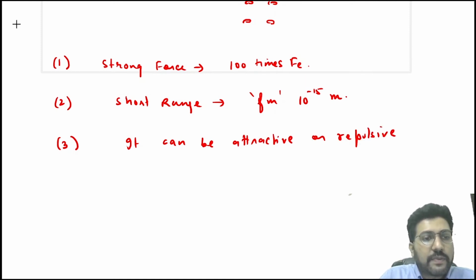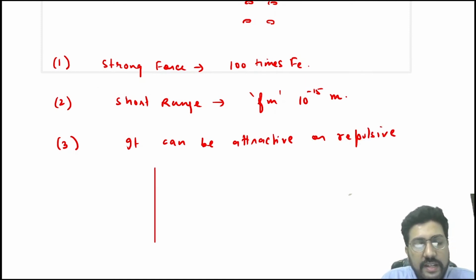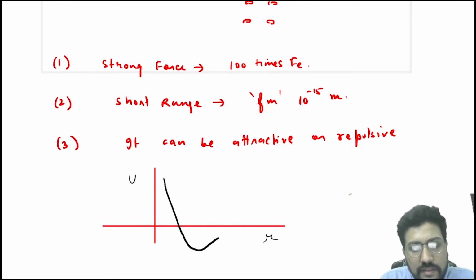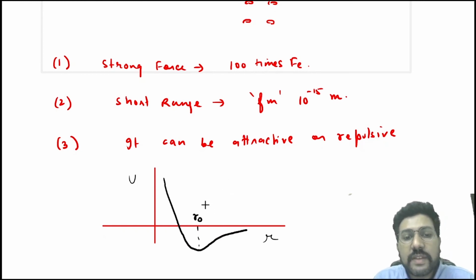See, if we draw the graph of potential energy against the separation of the nucleons, you will see that for a particular value of R, that is R naught, there is equilibrium. This is called the equilibrium separation.